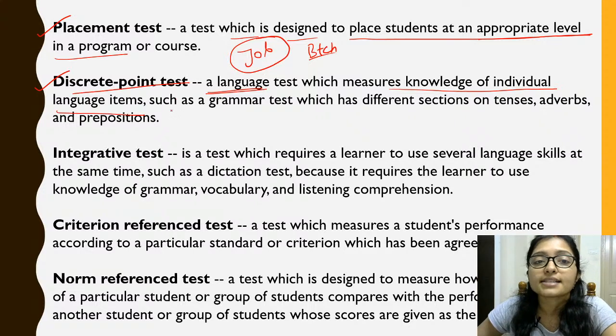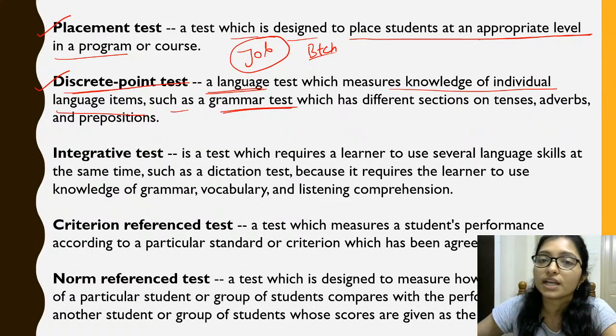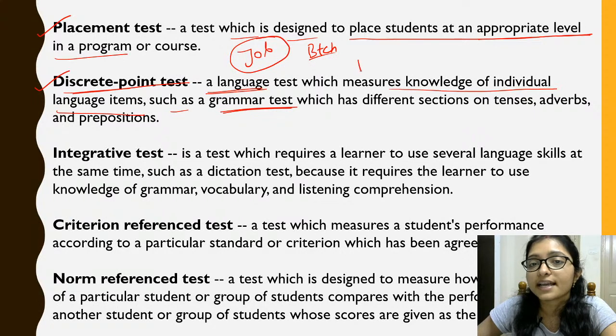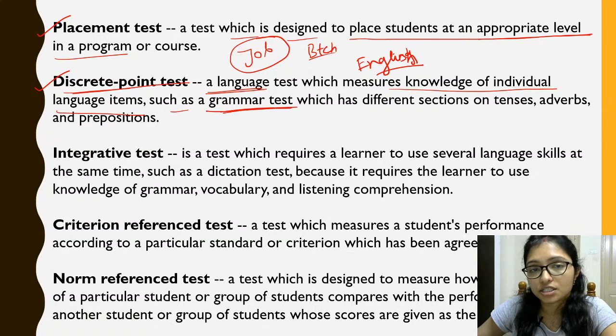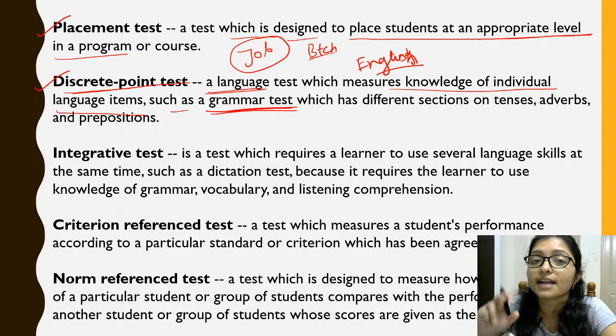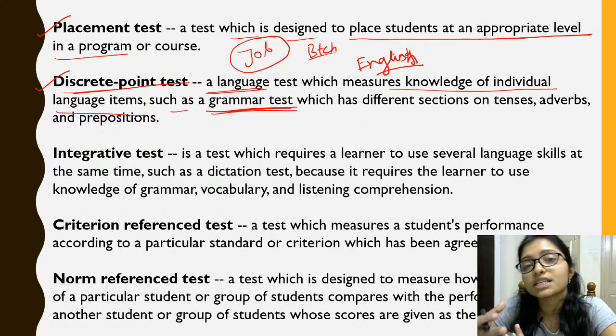Okay, such as a grammar test. Now discrete point test means how you know the language. If I am taking a test for English language, how you know the English language, for that we are testing the grammar test, right? Maybe your spoken English is very good, but we have to test from the grammatical point of view, how you are performing.